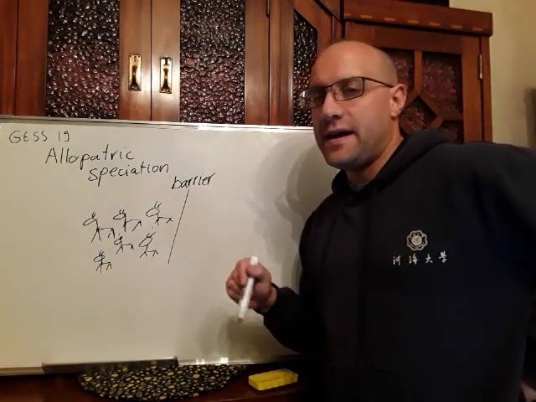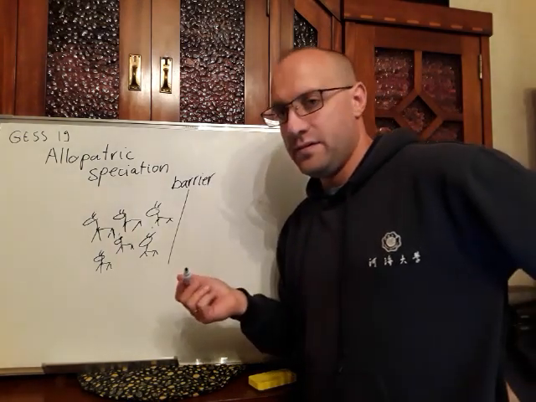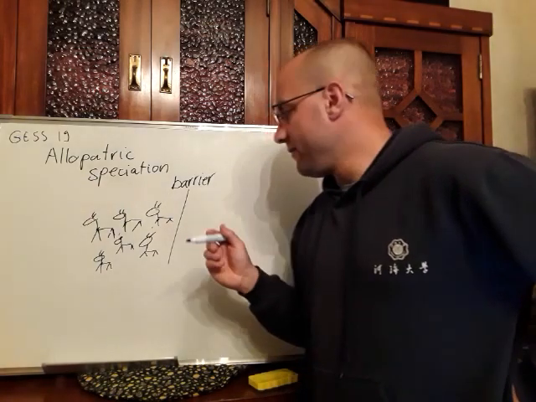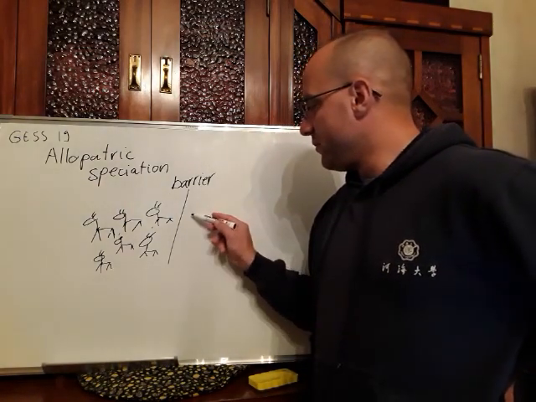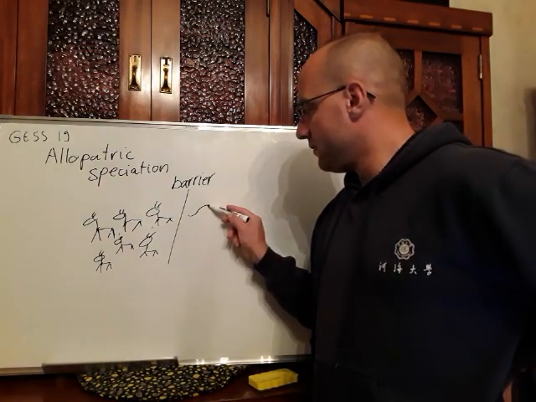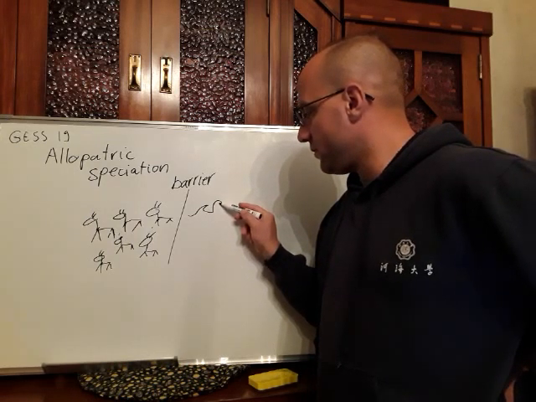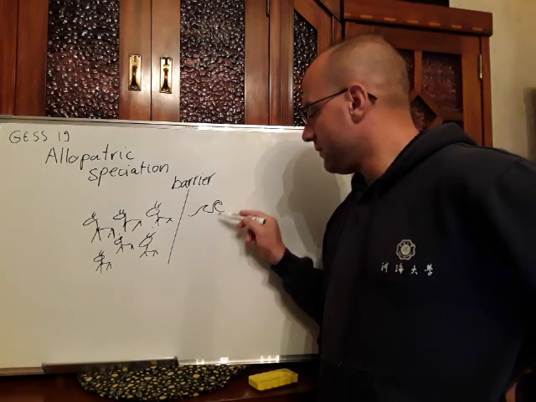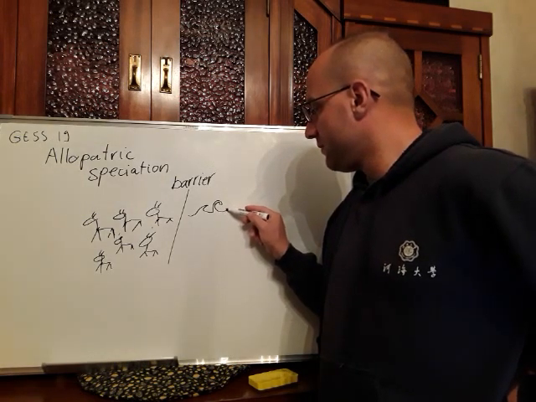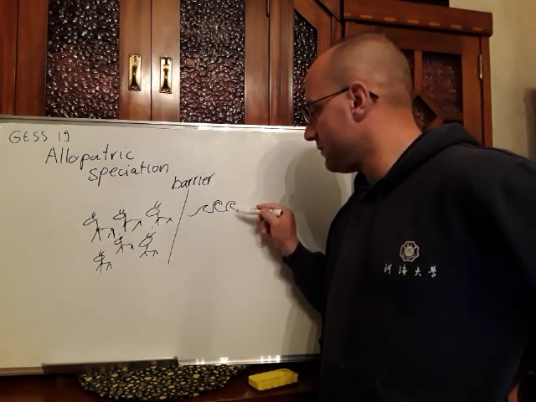In the case of islands, away from continents, it would often be something like water. So I just put here waves. What this is, is some kind of ocean.